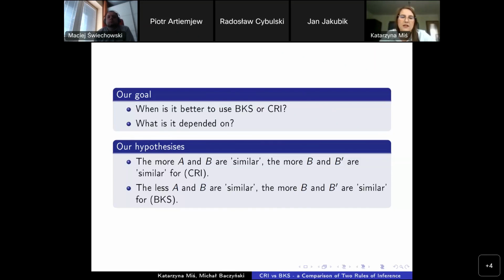But if A and B are less similar, then B and B prime will be more similar for Bandler-Kohout subproduct. So these are our hypotheses, but you will see what we have obtained.